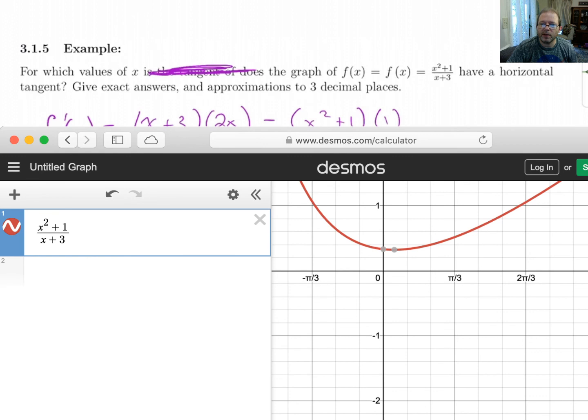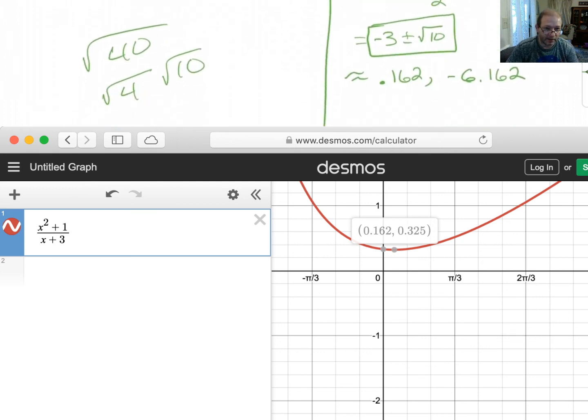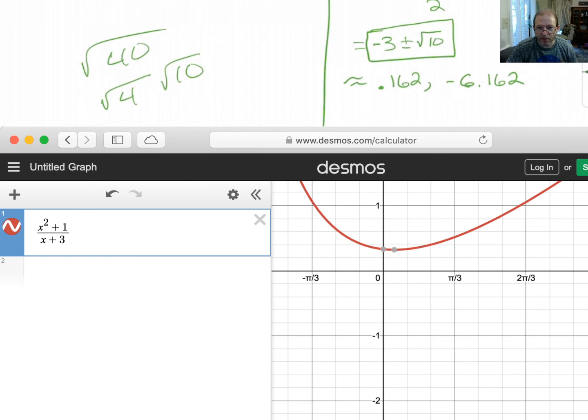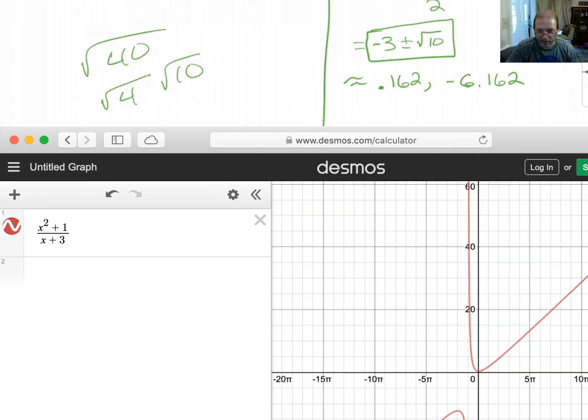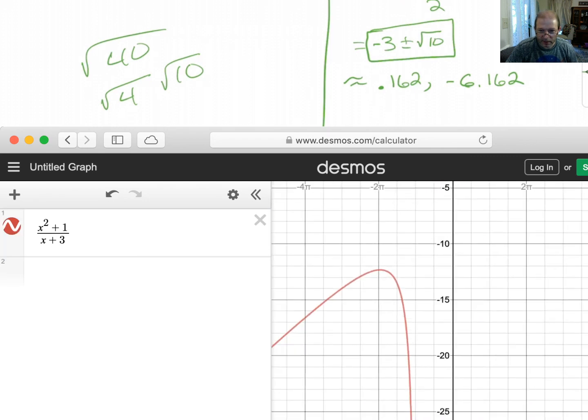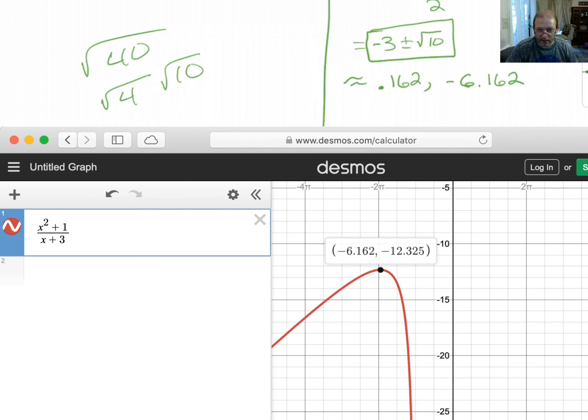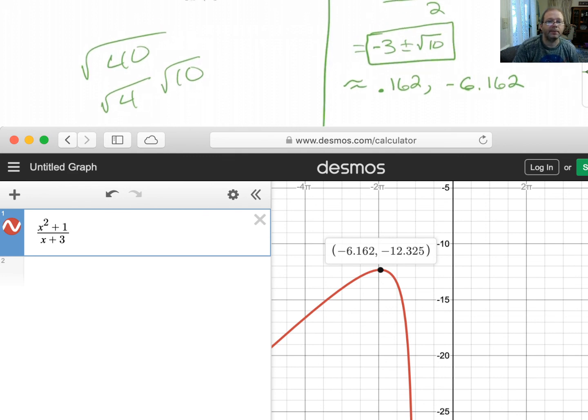But if we zoom way in, notice right here, yeah, there we go. The x coordinate there is 0.162, and that's one of the ones we got. The other place where it has a horizontal tangent is down here at that point, and this point has an x coordinate of negative 6.162, which is what we got. All right, so we'll stop this video here.